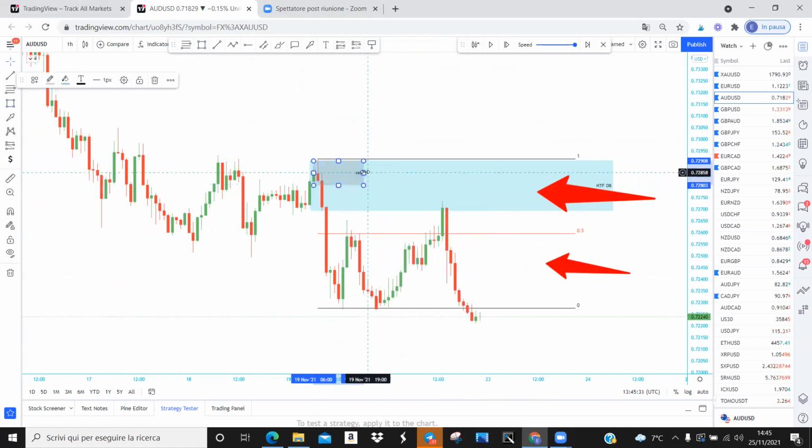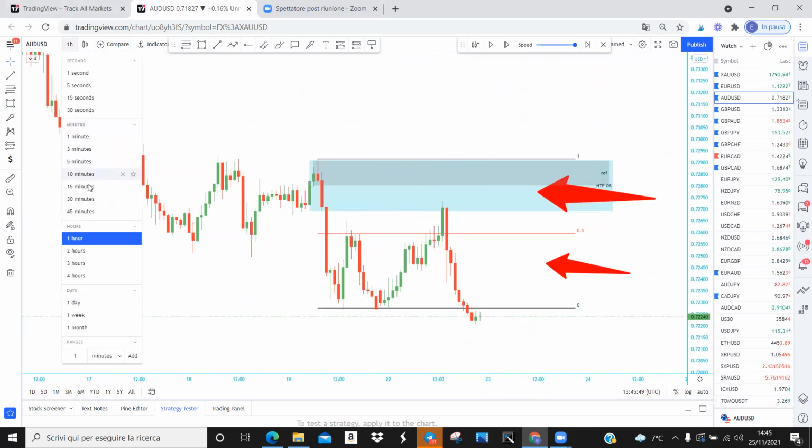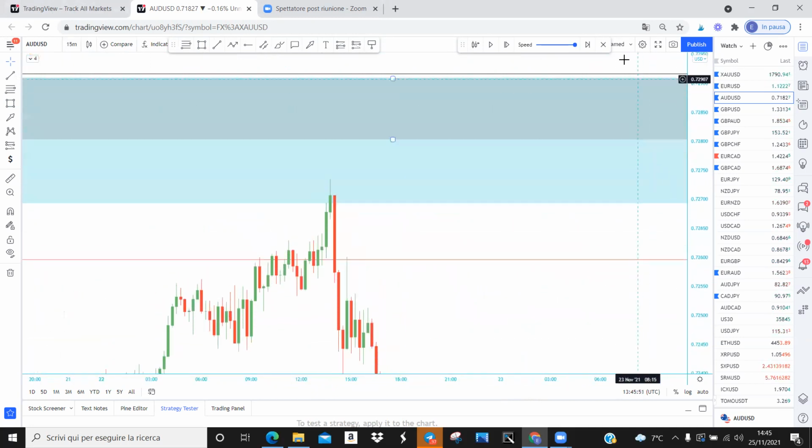So this is refinement. Of course, I always prefer to see the higher area to be reached, but of course you need to keep in mind that if you have a very good confirmation, which I believe that I see right here, because I see a small consolidation push to the upside for liquidity and continuation to the downside, then that's good. If you want lower time frames, that's probably what you see.